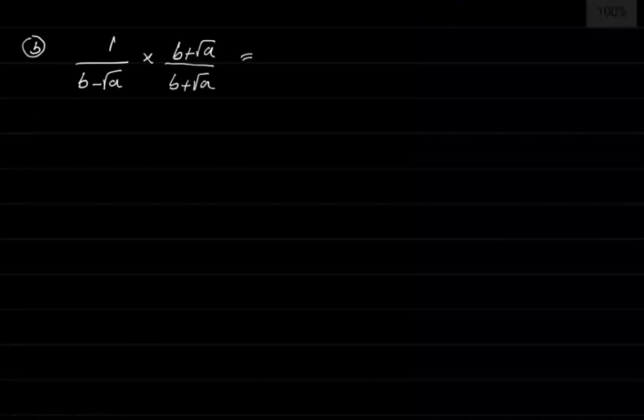So this will give us 1 times b plus root of a over b times b, which will be b squared. What we have here will be just the same as before. The middle terms are going to cancel, then I'll remain with root of a times root of a, which will be just a.